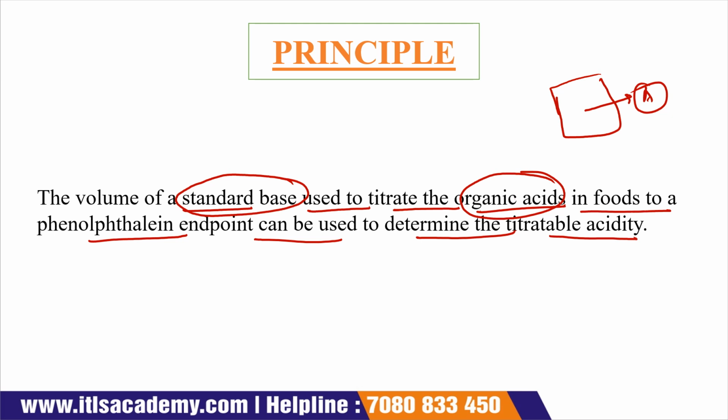Now a standard base is used to titrate this organic acid which is already present in the food product. So the volume of this standard base and phenolphthalein indicator are used as an endpoint, and after that we determine the titratable acidity of the food product. So this is the principle of this experiment.